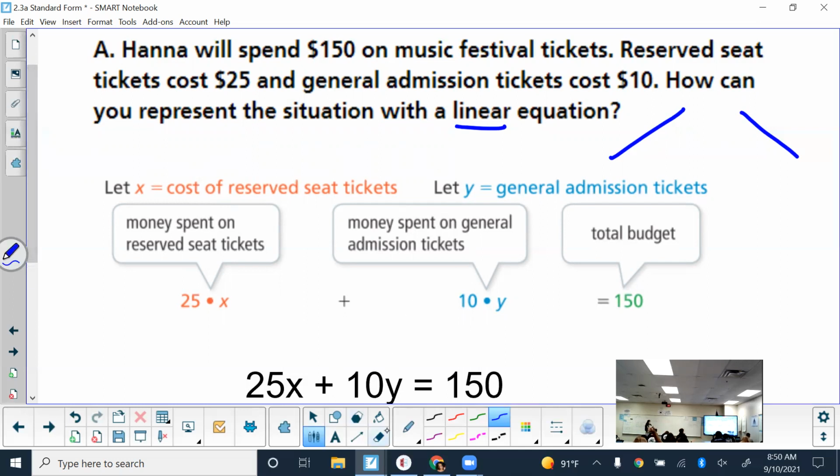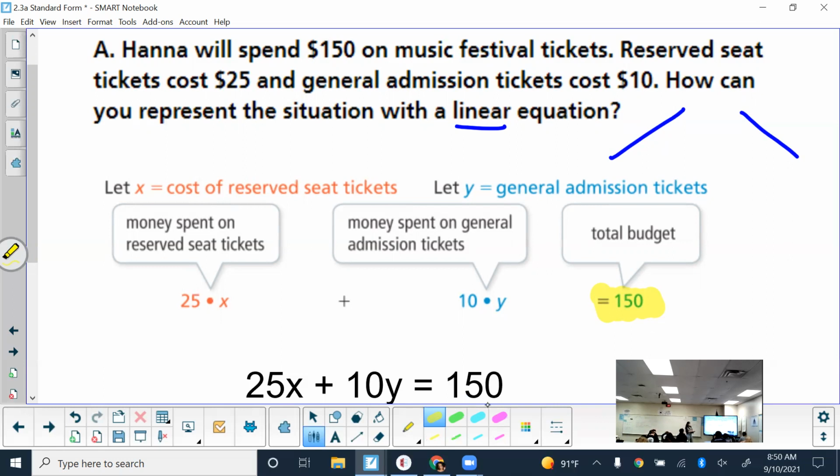So you'll see that over here. All right, her total budget is $150. So we let that be equals 150.